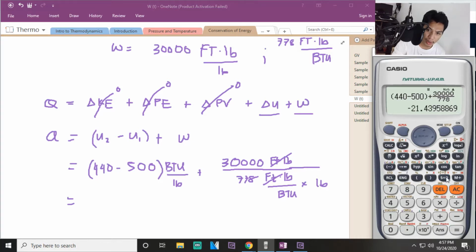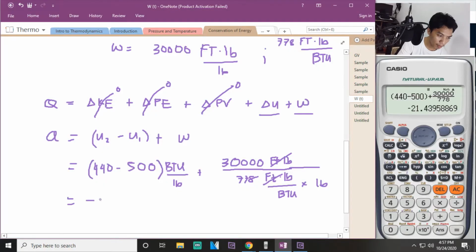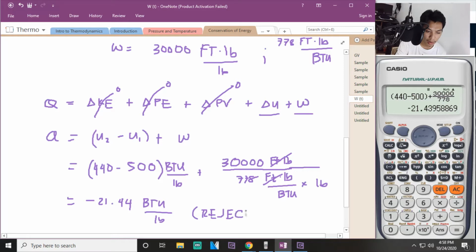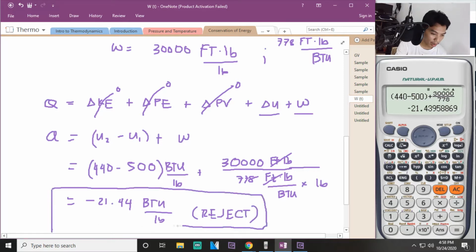So the answer is negative 21.44 BTU per pound. So is this heat added or rejected? Since negative, this is rejected. Yan. So kapag negative, rejected. Siyempre, kapag positive, tinanggap ka. Pag ni-reject ka, negative. Okay? Ganun yung malalaman nyo.